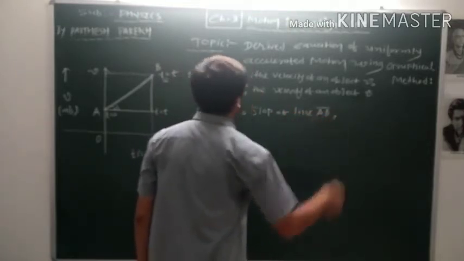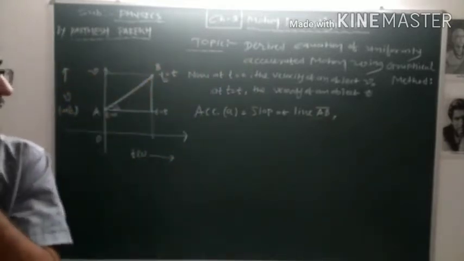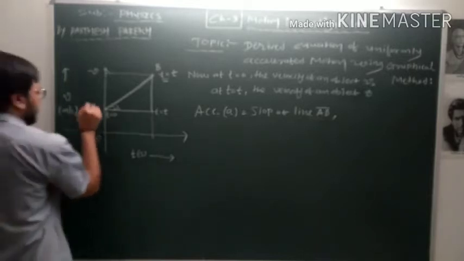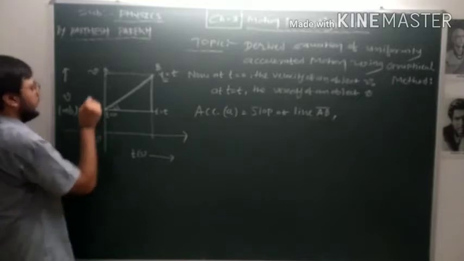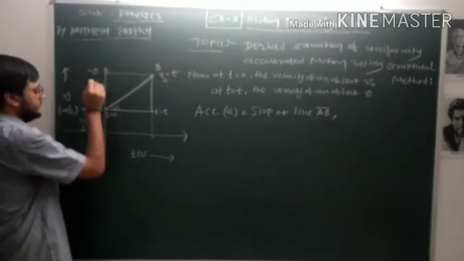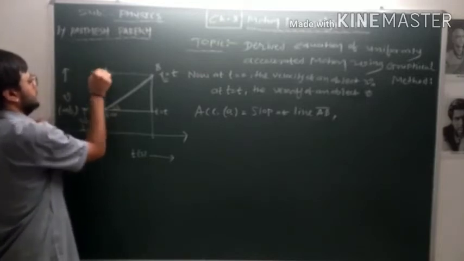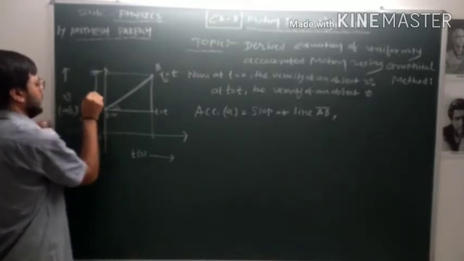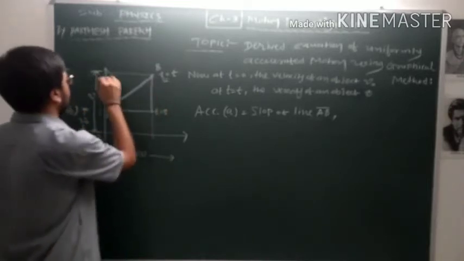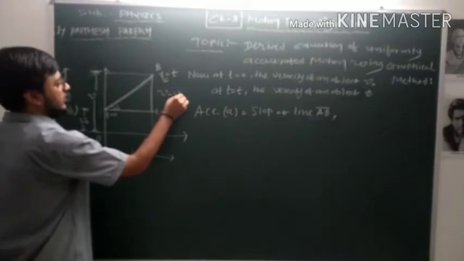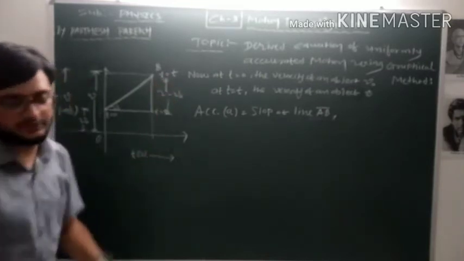This is the line AB. This distance is v naught and this distance is v, so this distance becomes v minus v naught.